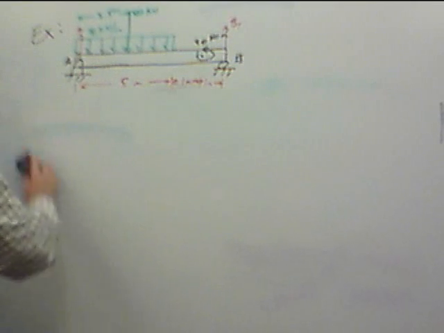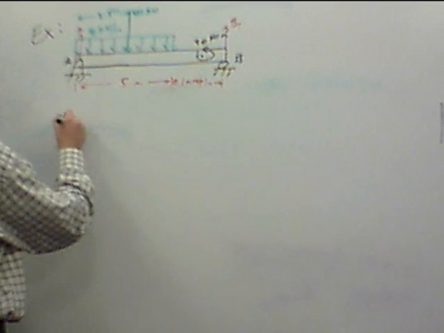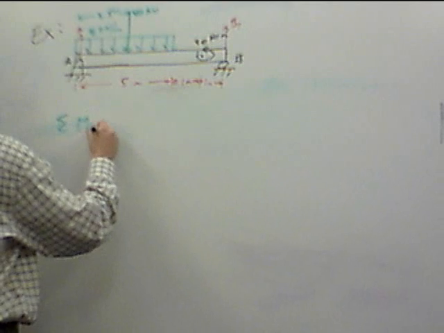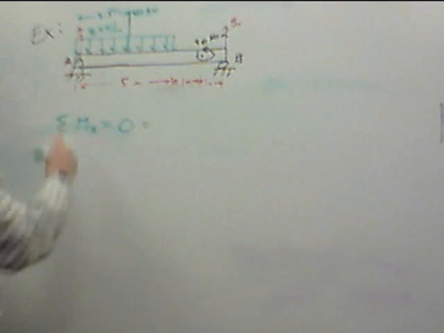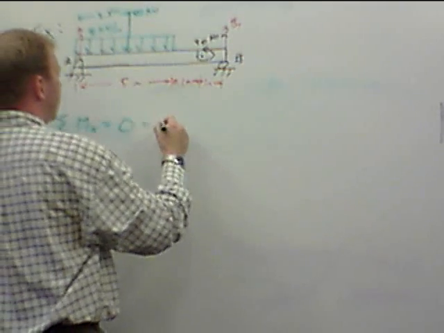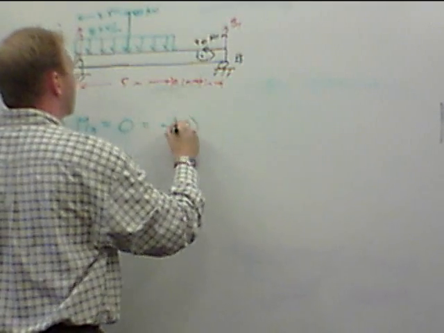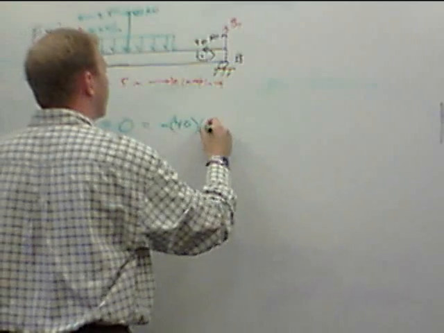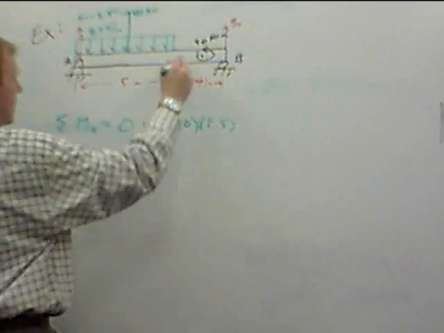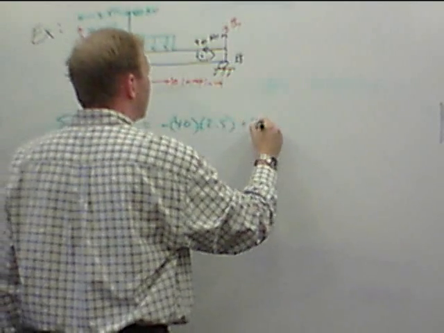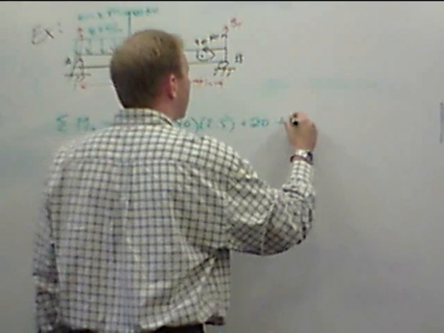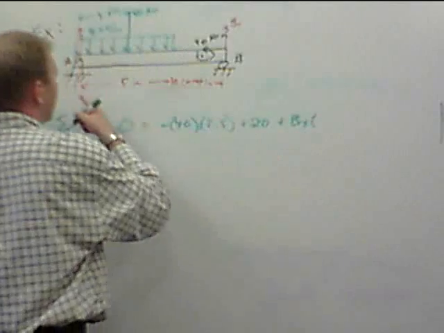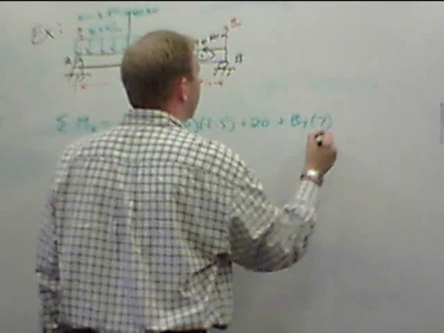So what I'm going to do here is take summation of moment about A. I'll come back to the range here in a second. Summation of moment about A equals 0 equals, okay, force at A drops out. We have a minus 40 kilonewtons times 2.5 meters. We have plus 20 kilonewton meters for the applied moment, and then we have plus By times our total distance here, which is 7.